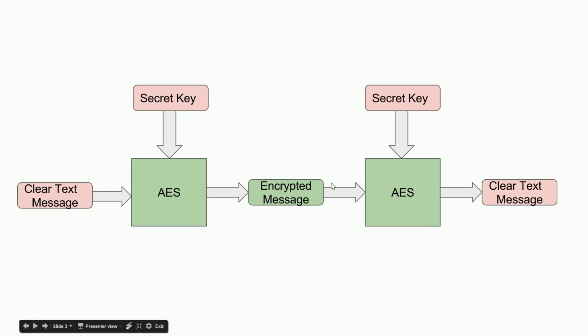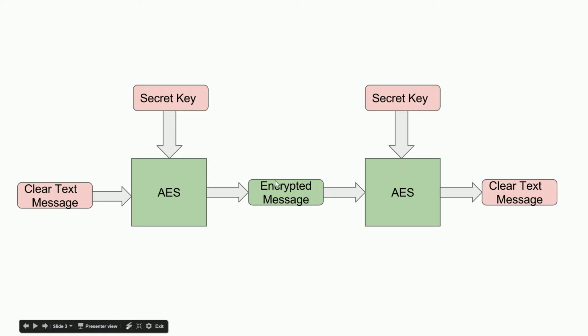So when we communicate online or in other situations, if we want to encrypt something, we'll have some stuff that we want to encrypt. They usually refer to that as clear text. Then we feed it to an encryption function, in this case AES, a popular one, which also requires a secret key, which it uses to encrypt the message.